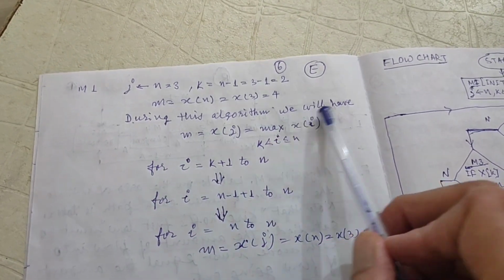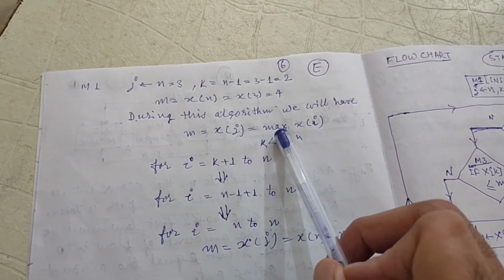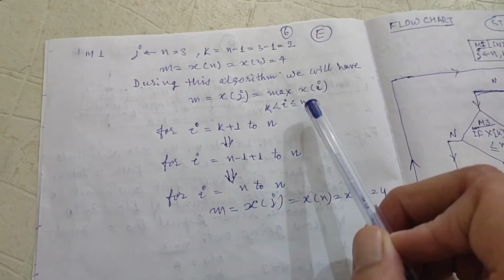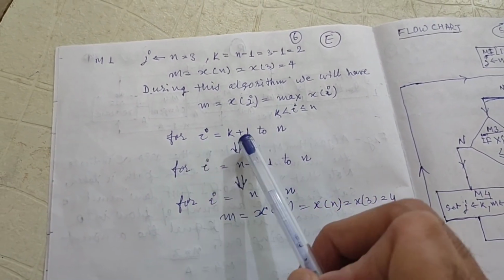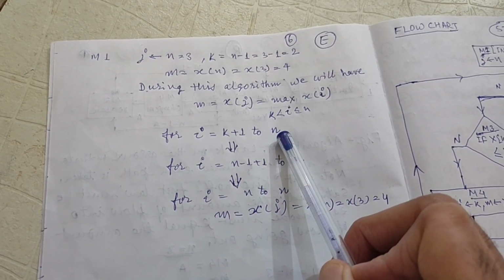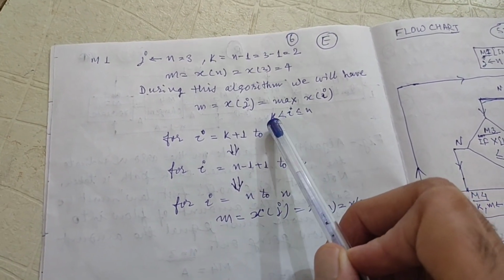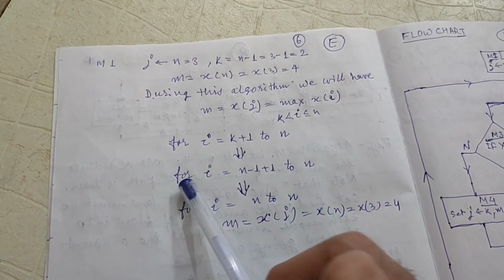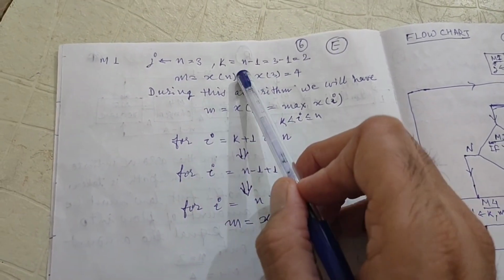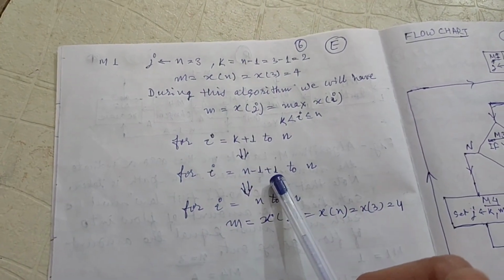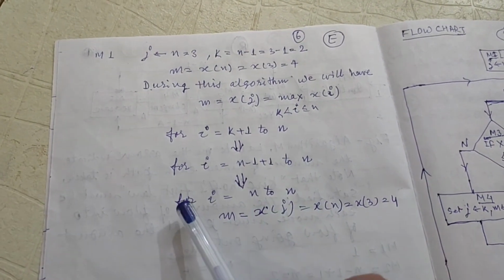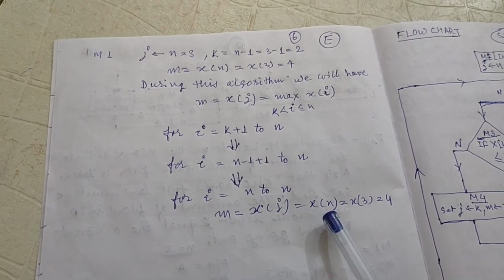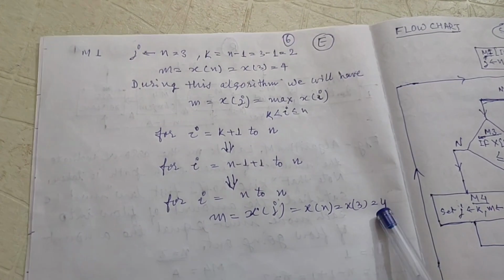During this algorithm, we will have m is equal to xj is equal to maximum of xi, i greater than k and less than or equal to n. What does it mean? For i is equal to k plus 1 to n, because i is greater than k. For k equal to n minus 1, n minus 1 plus 1 to n, which means for i is equal to n to n. Therefore, m is xj is equal to xn is equal to x3 is equal to x4.